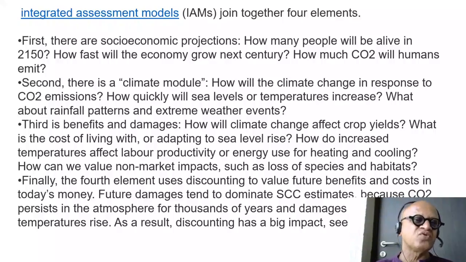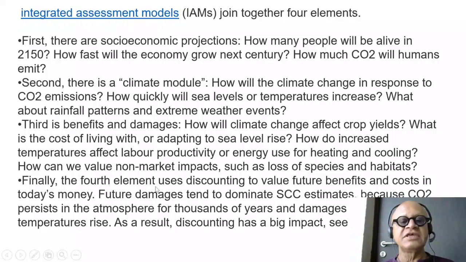There may be some that do it in a very simple way, but not anymore, because we know how complicated climate is. The Earth system is. Thirdly, benefits and damages. How will climate change affect crop yields, for example? What is the cost of living with or adapting to sea level rise? How do increased temperatures affect labor productivity or energy used for heating and cooling?